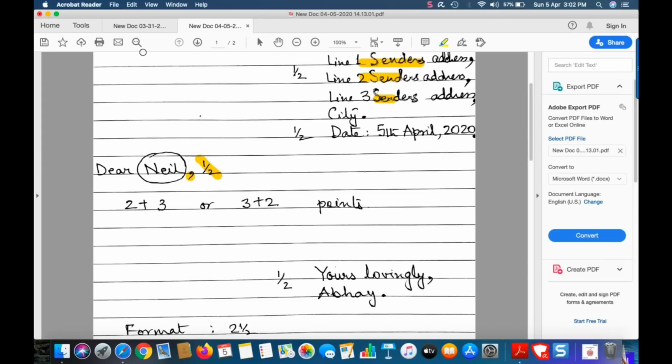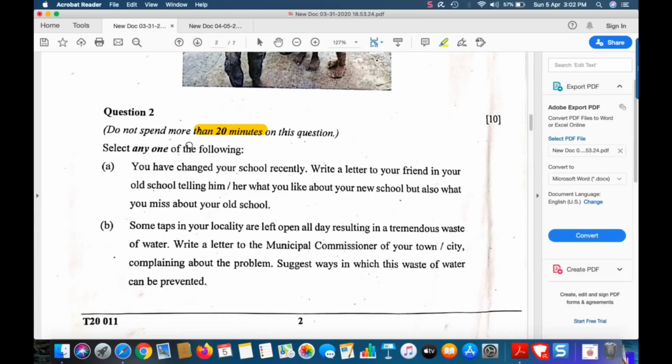Now let us go back to the question which was asked in this year paper. You have changed your school recently. So this is the condition. So you have already changed your school. Write a letter to your friend in your old school telling him or her what you like about your new school.